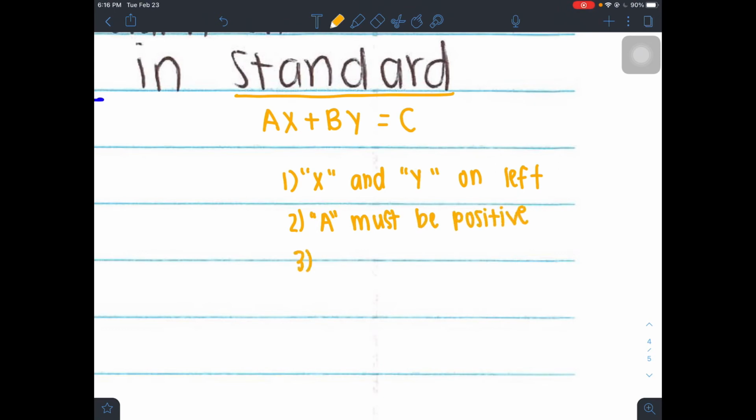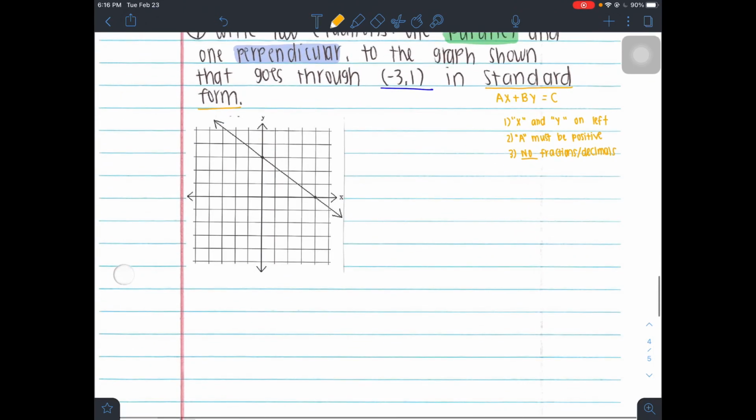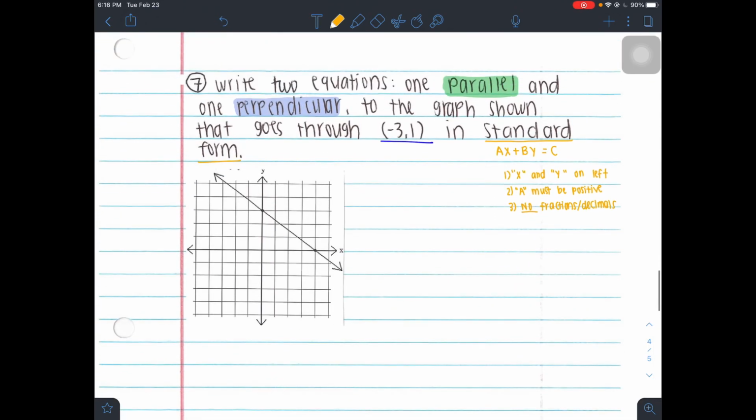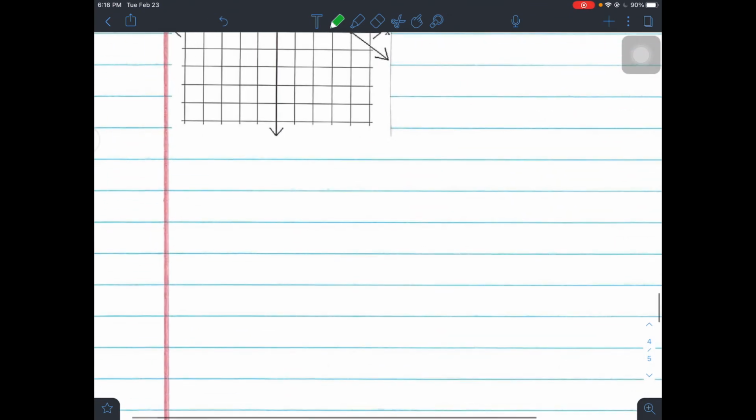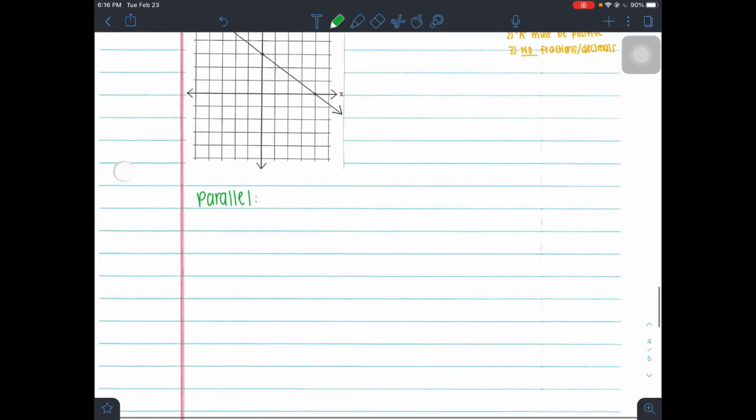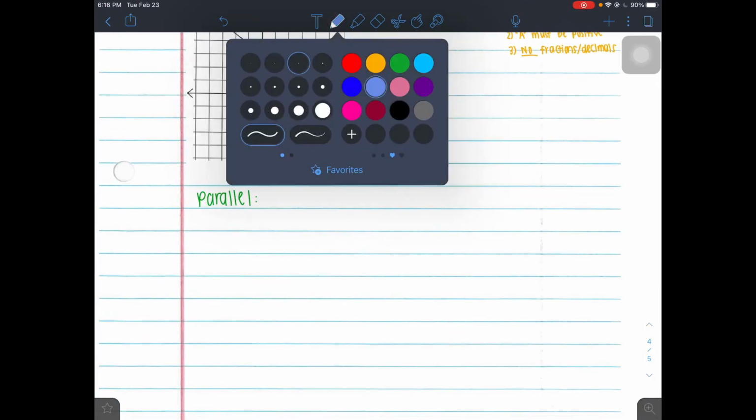And rule 3: no fractions or decimals. All right, so those are the 3 rules for standard form. So let's go ahead and do parallel first. Actually, we'll find the information first, but I'll do parallel on this side, and then we'll do perpendicular on the other side.